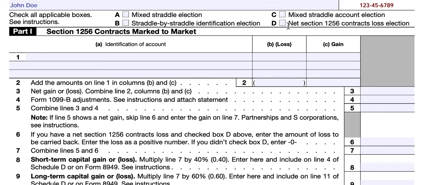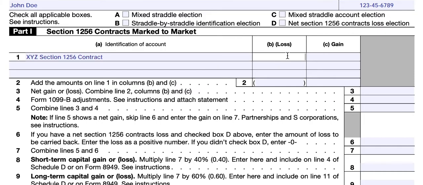So let's get into part 1. We're going to not check any of those. So we'll identify, so you would enter the name of the account, any loss.